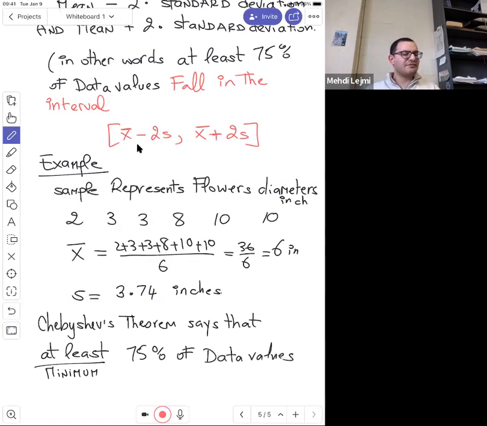So what does it mean, 75% of data values? How many data values do we have? We have 6 numbers, 6 flowers or 6 numbers.